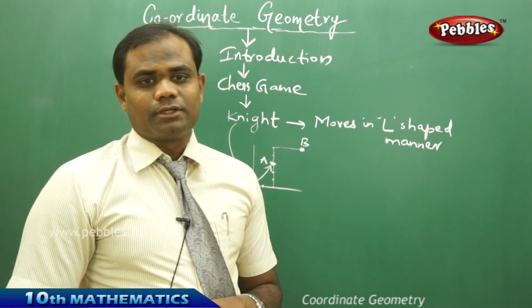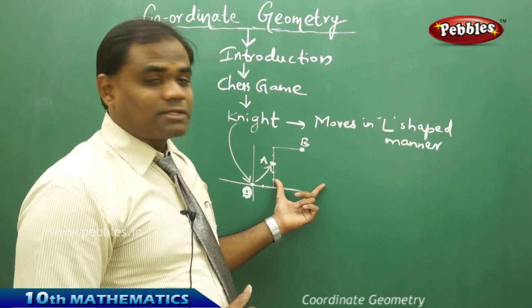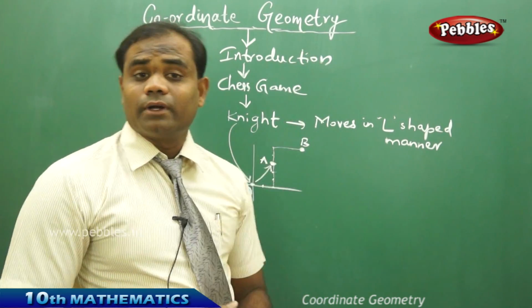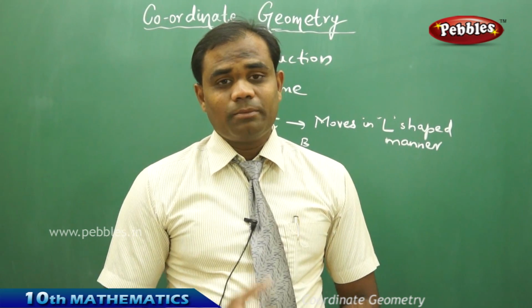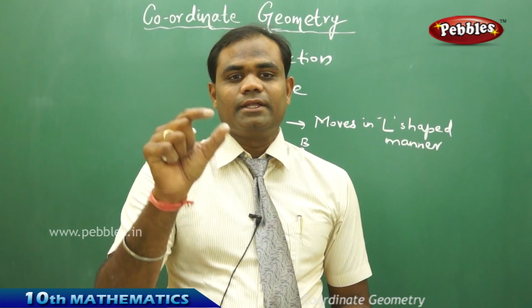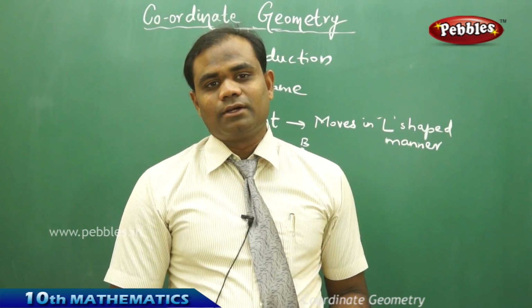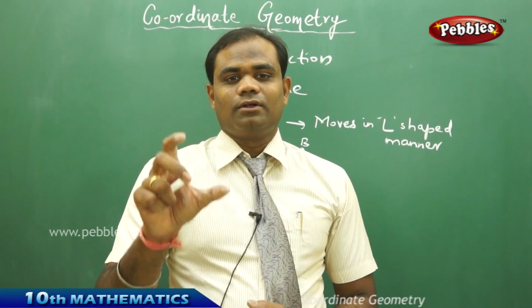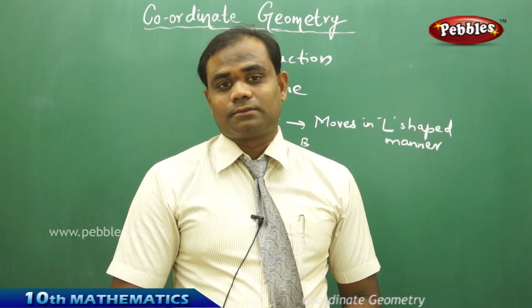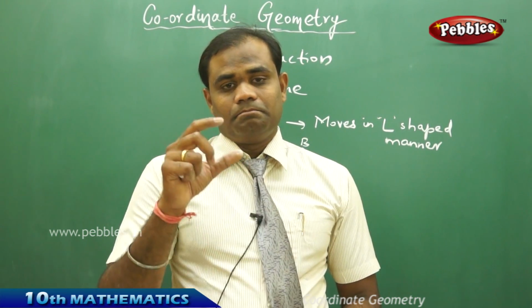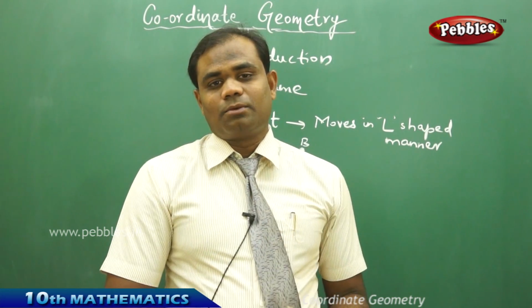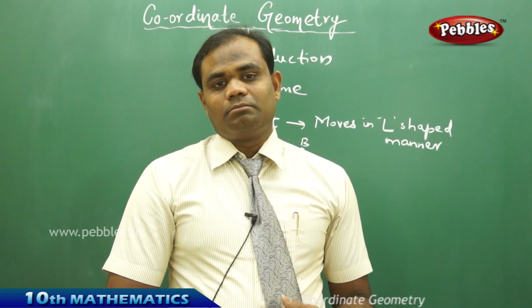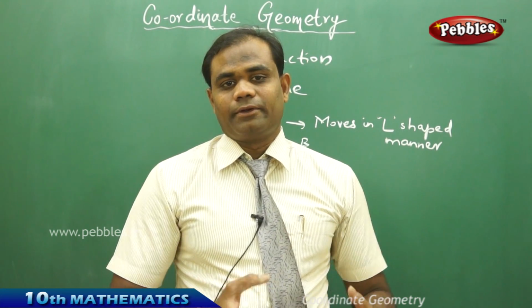I can locate the position in the chessboard provided I use coordinate geometry. Now, coordinate geometry helps us in identifying the position of the point or position of an object on the particular place. So putting the object on the particular place or position can be done by using coordinate geometry.